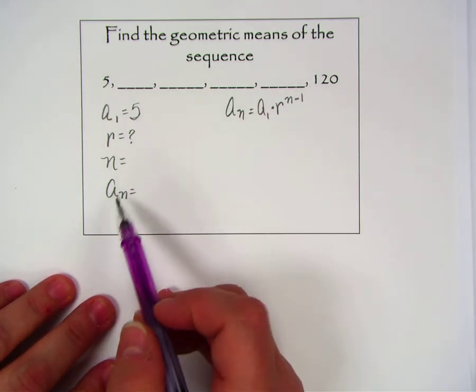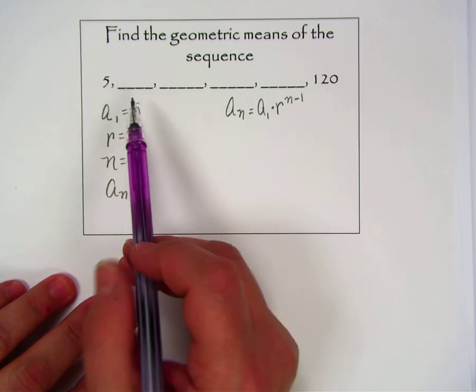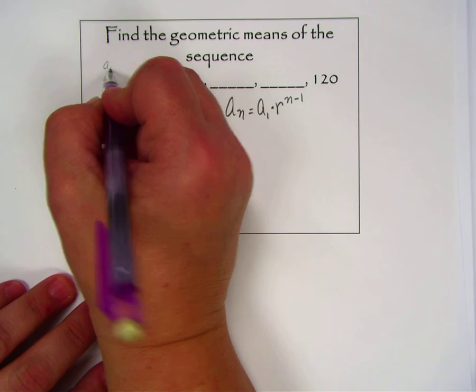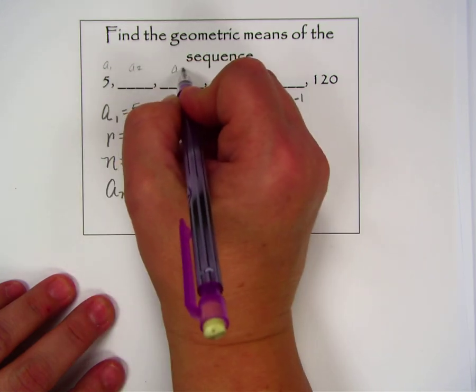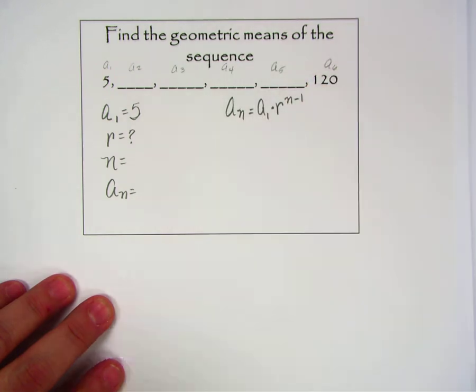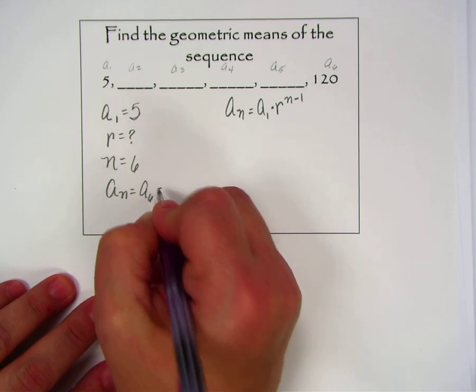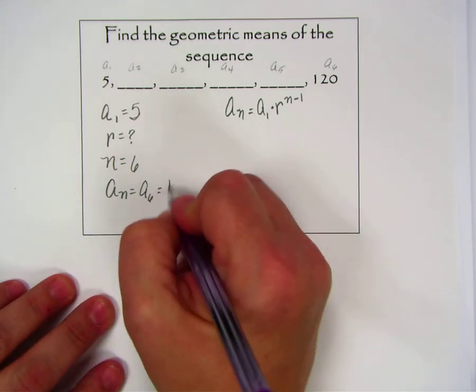Okay, now here's the tricky part. What's n? 6. This is the first term, the second term, the third term, the fourth term, the fifth term, the 6th term. N is 6. Good job. Okay, and so what is the 6th term? 120.